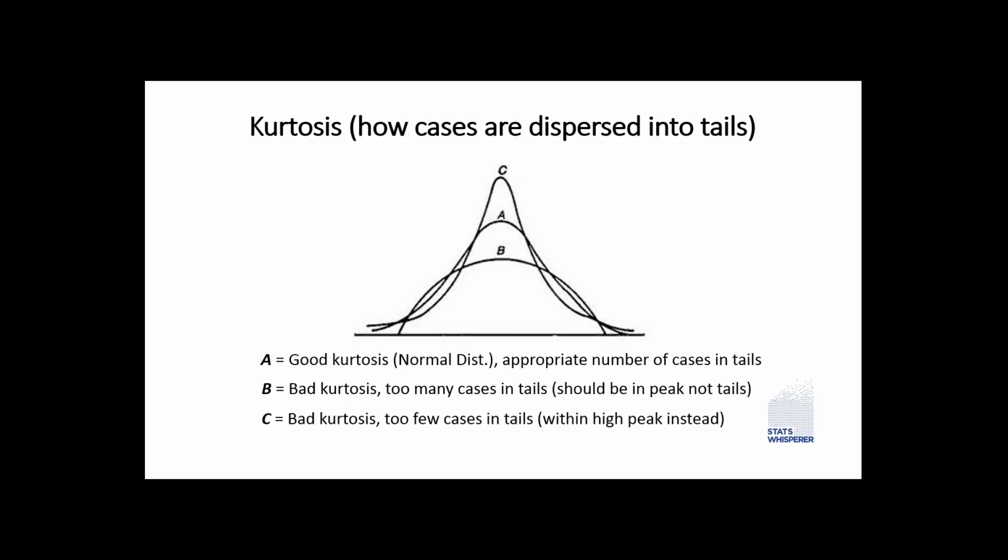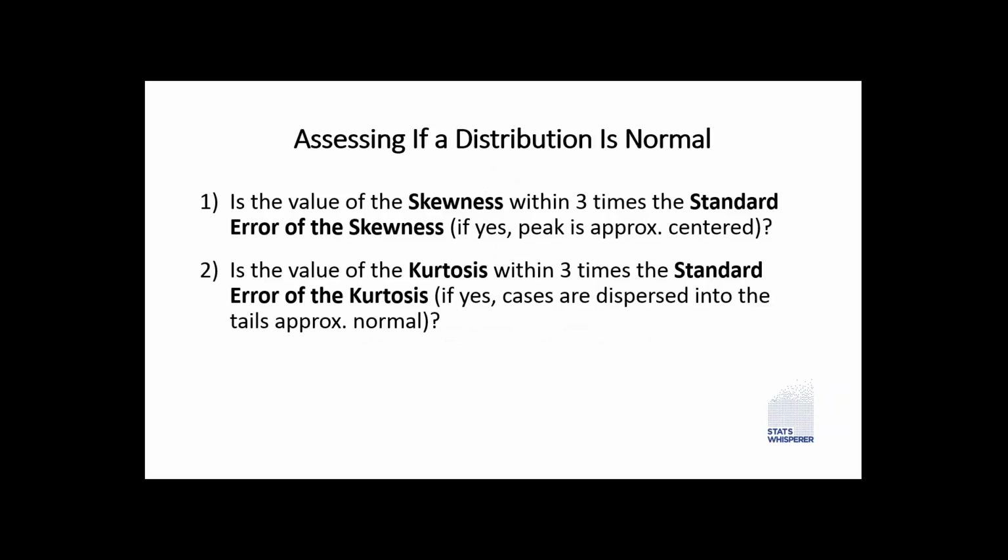And good kurtosis, normal distribution, is represented here in A, where there's a good peak and the tails are rather full. B is bad kurtosis because there's no peak and the cases are instead in the tails. And C is bad kurtosis because there are too few cases in the tails and they're favoring the peak. So kurtosis and skewness are how we reflect if our distribution is approximately normal.